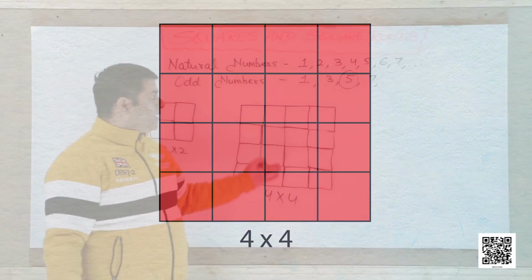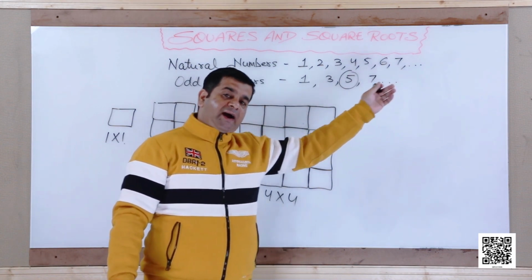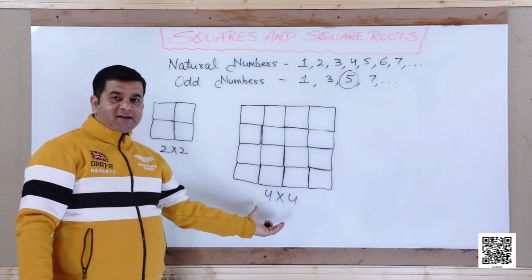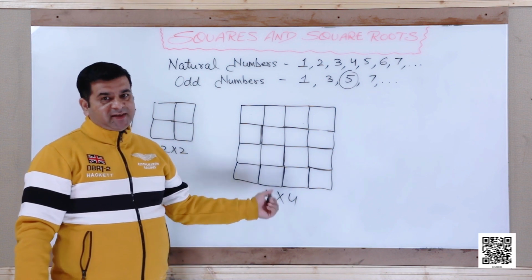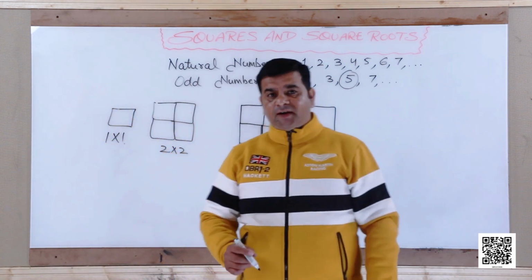So, this way you keep on taking next odd numbers, you add those many squares to the previous figure and you will get the squares like this. So, with this activity, what do we learn?